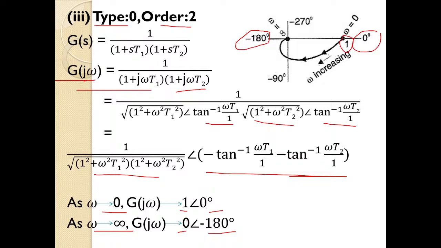And what is the magnitude where the plot will end? It will end at the origin, magnitude is 0 here. So the plot will start from 1 and it will travel, it will start from 0 degrees. It will end at minus 180 degrees, of course. But the magnitude from which it will start is 1. So this is the plot, polar plot for type 0 and order 2 system.